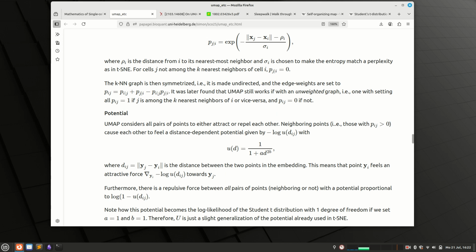the embedding space, on our 2D surface. And you might think, what is this strange thing? But if you look closely, it has two hyperparameters, A and B, which the user defines. If you remove the A and B, you just see 1 over 1 plus d squared. That's again our t-distribution with 1 degree of freedom.